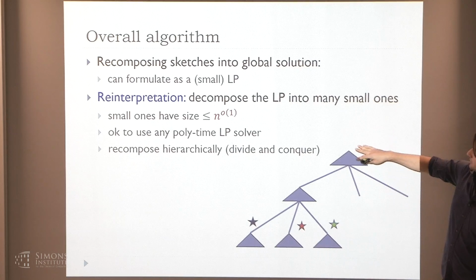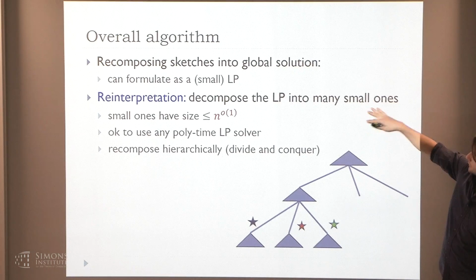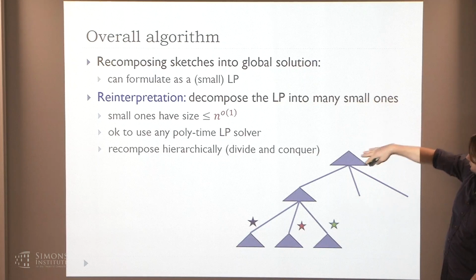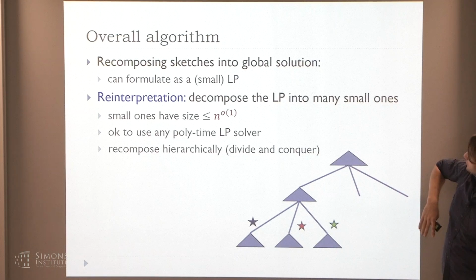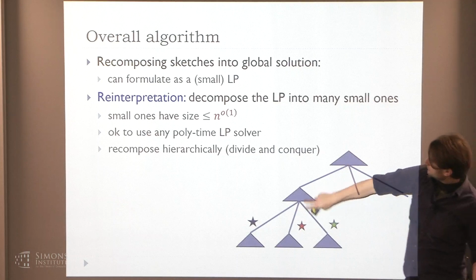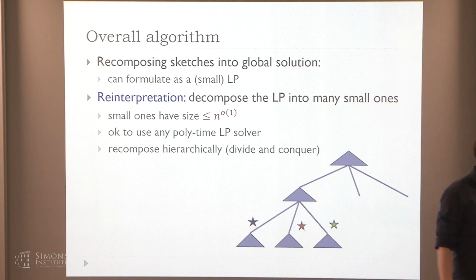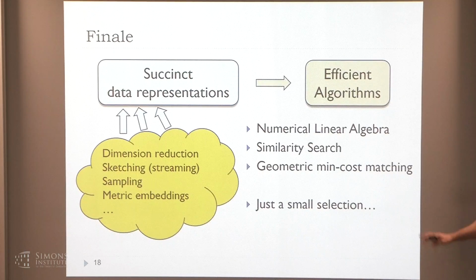To reinterpret this, you take the LP that corresponds to bichromatic matching and decompose it in this hierarchical fashion into many smaller pieces. Each of these triangles will be an LP of small size. You can solve those LPs with any polynomial time solver, and you'll get the stated time, which will be nearly the number of points. Okay, this is it.